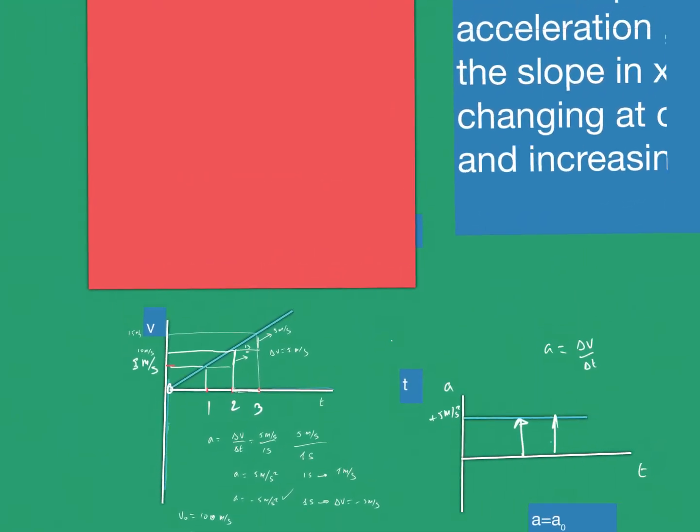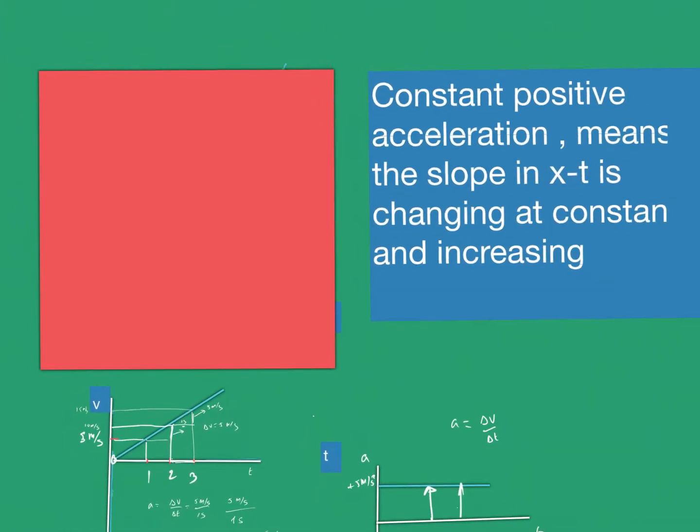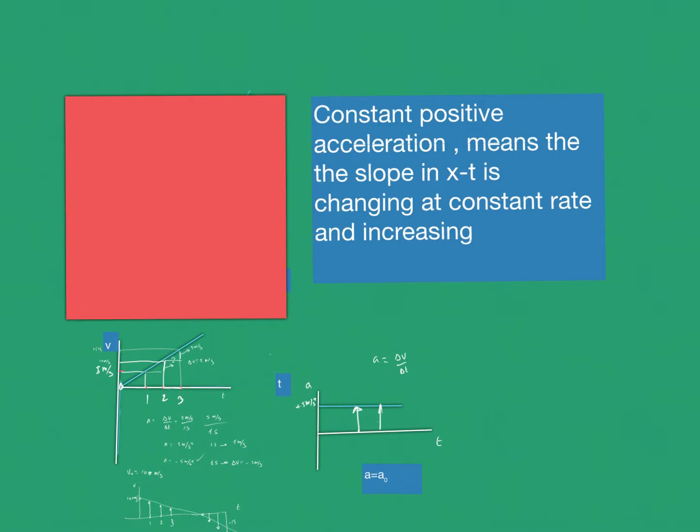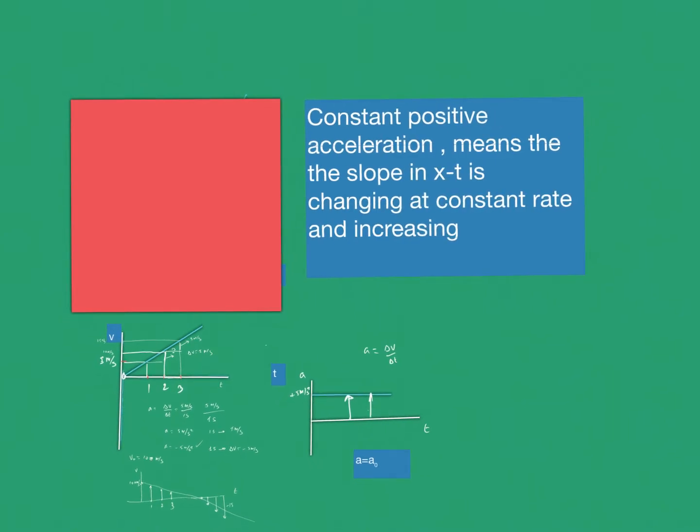Now our question is like this. We know that constant positive acceleration means that the slope in the graph x of t is changing. If the slope of the graph x of t is constant, the velocity is constant. Now we are studying the case where the velocity is not constant, so the slope must be changing.